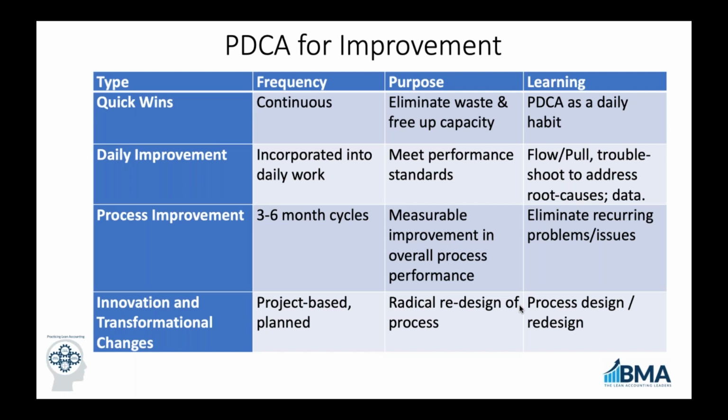Go ahead, Mike. I was just going to say, regarding the upper two sections of this table, quick wins and daily improvement, it will be natural for many teams to come up with improvement ideas in the beginning that are, like Nick said, bigger nuts to crack. They may be cross-functional.